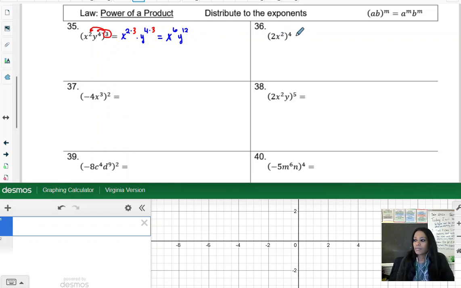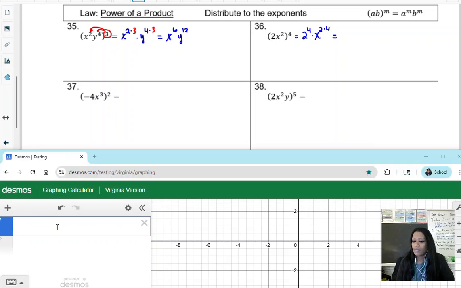So it becomes 2 to the power of 4 times x to the power of 2 times the 4 on the outside. So the power goes to everything inside of the parentheses. And then we're just going to clean it up.